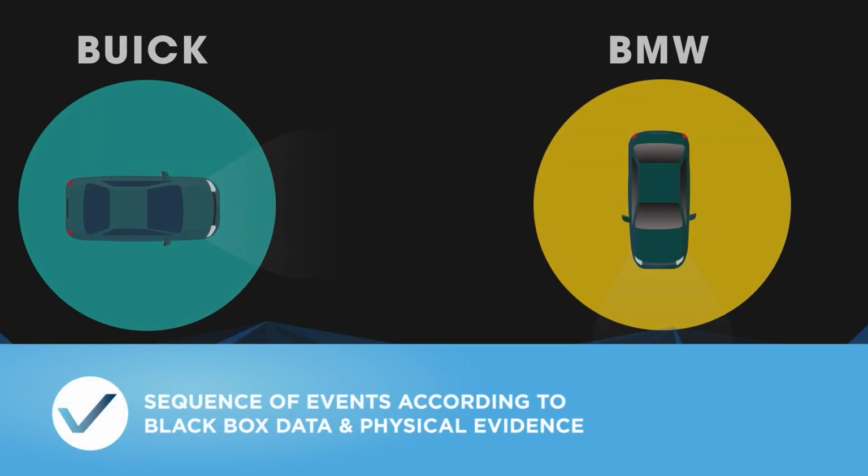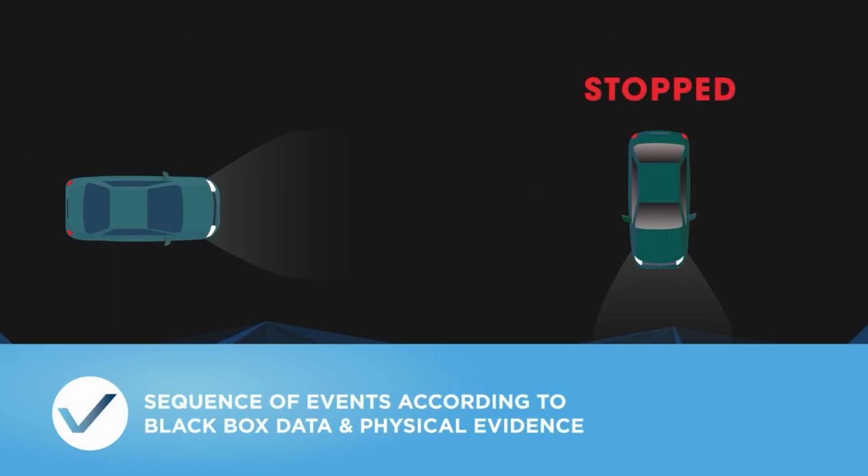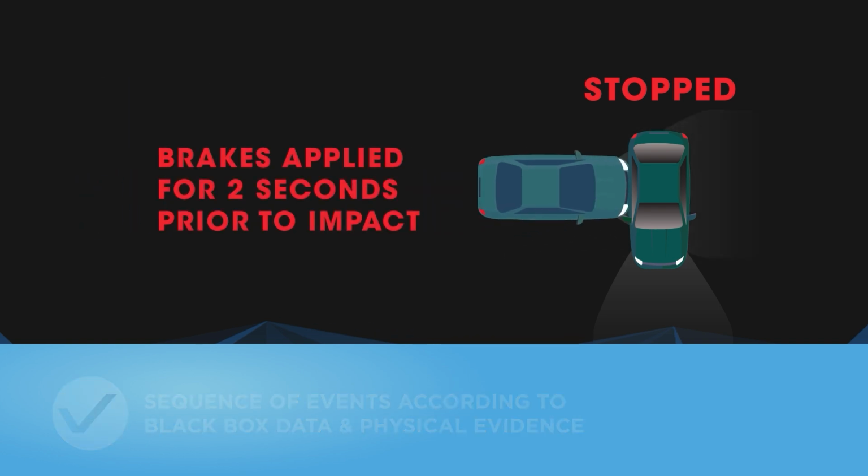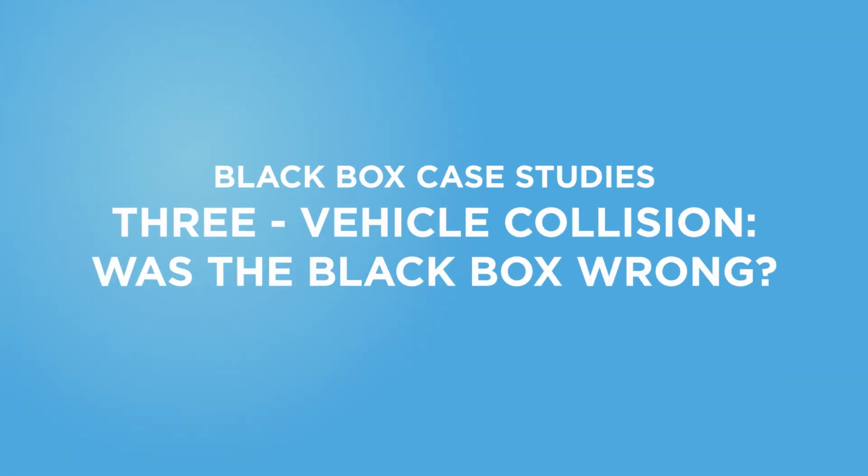What really happened was that the BMW was stopped and the Buick accelerated from a complete stop to a maximum speed of about 21 kilometers per hour, braked for about 2 seconds, and then struck the BMW's right side. In this particular case, the black box was a smoking gun, and the data was used in court to ultimately show that this claim was fraudulent.